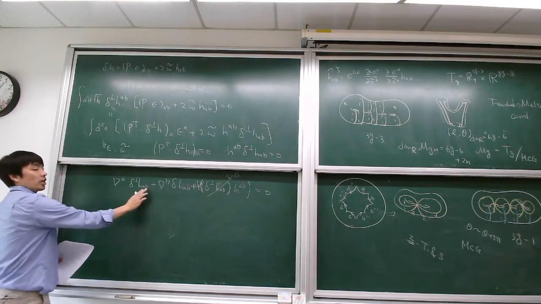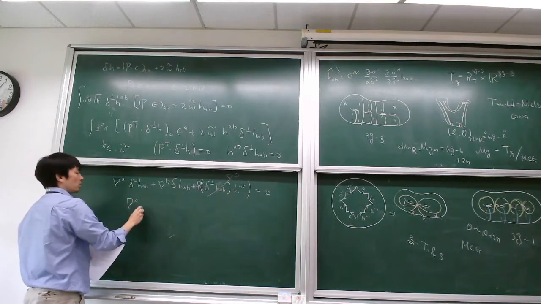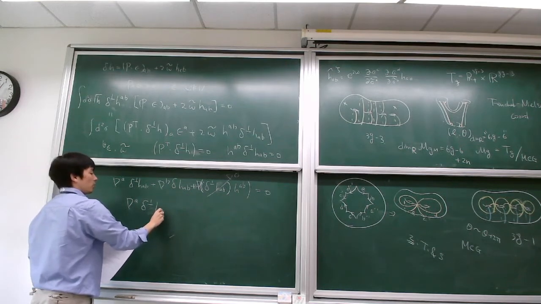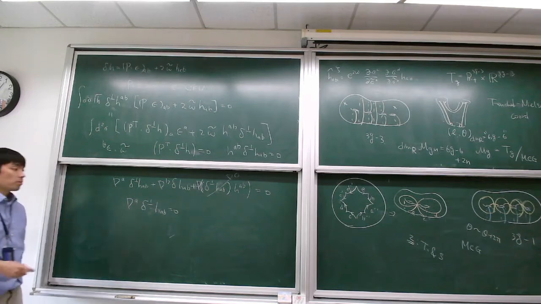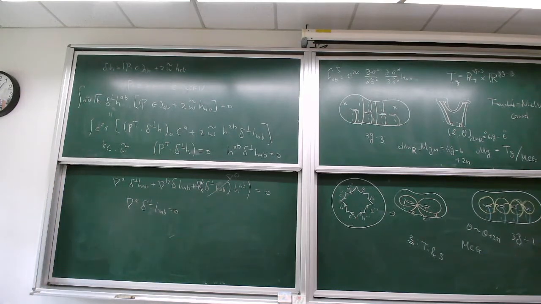And then since h_AB is always symmetric, this equation boils down to delta h_AB equal to 0. So this is the equation for the change of metric that is really that change.